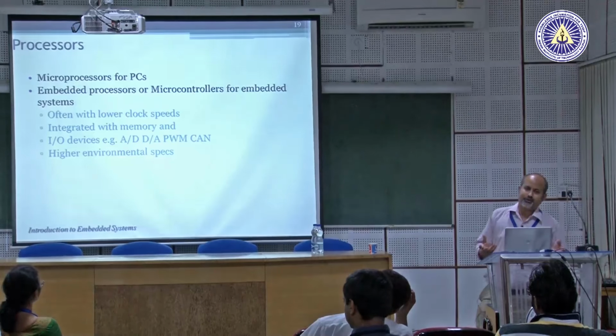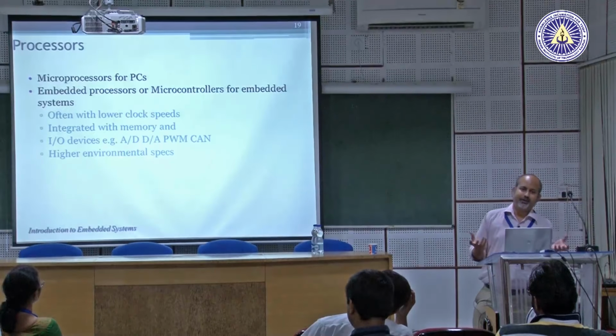Oftentimes these processors can be very simple if your embedded system is supposed to do very simple computation, whereas if it is supposed to do a large amount of computation, like a power estimation in a grid, then you are going to have almost general purpose or better than general purpose machines.